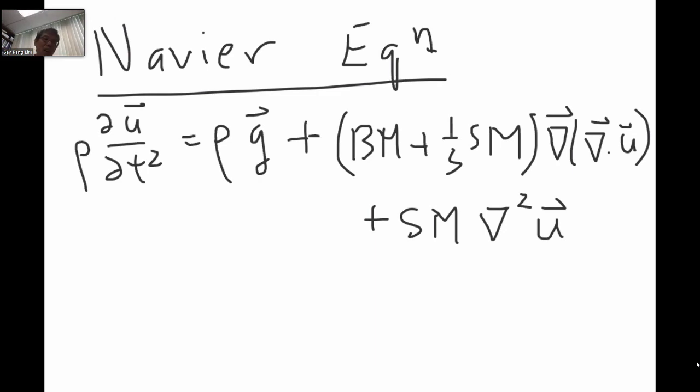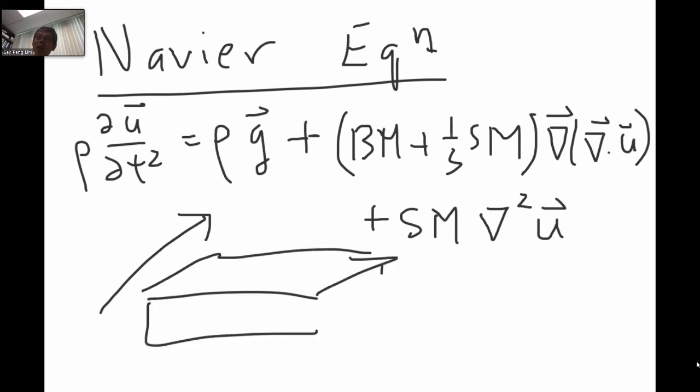Anyway, this is what we want to get to, because from here you can derive the equation of motion for a longitudinal wave and a transverse wave in a solid. Now, if you want a longitudinal wave, whatever the solid may look like, suppose you create a disturbance and the displacement is in the x direction.